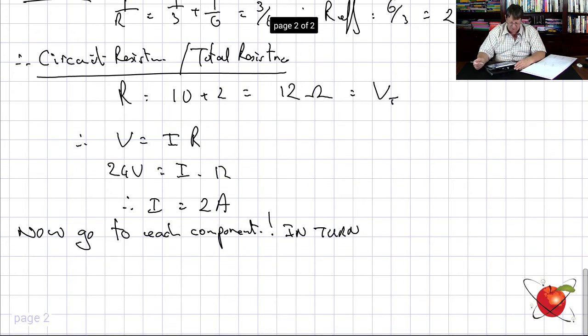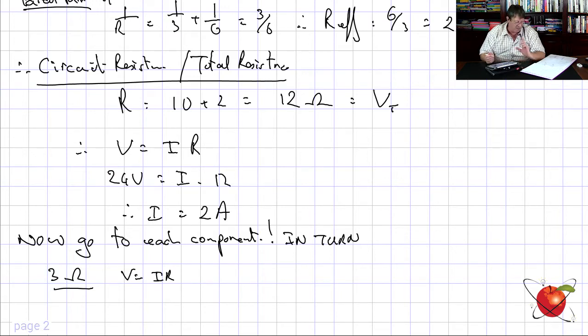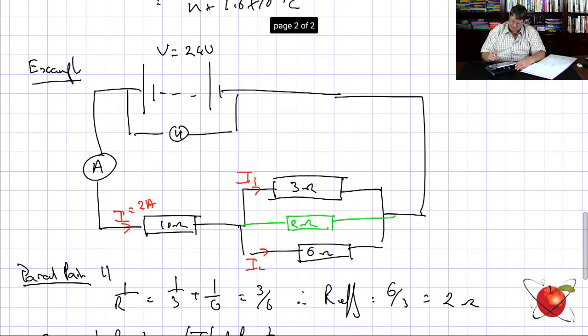What do we do first? We first of all go to the 3 ohm resistor, and we say V equals IR for that one. V do we know? Oh, hang on. V is I times R, but what is the voltage over there? Do we know what it is?